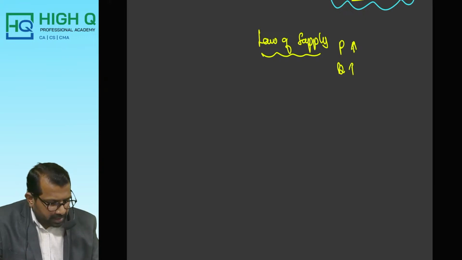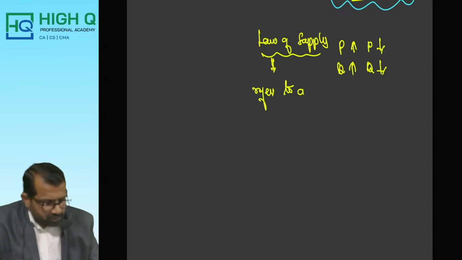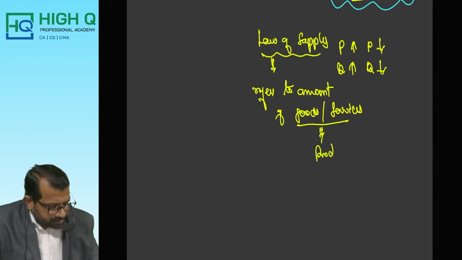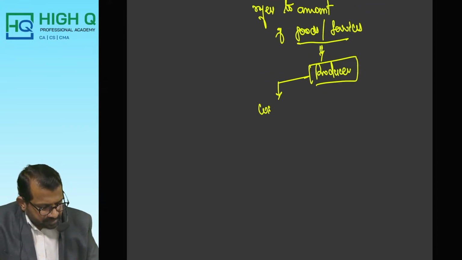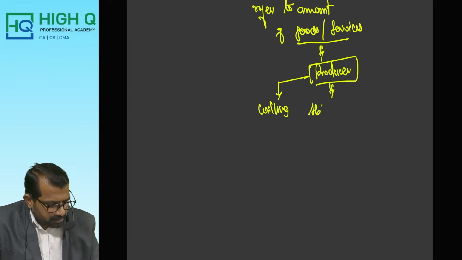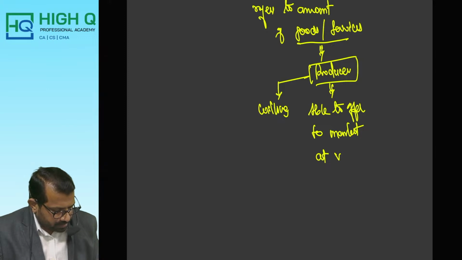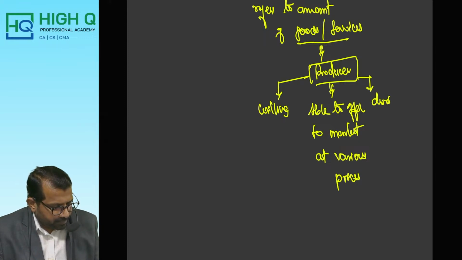When price decreases, quantity supplied will decrease. The law of supply refers to the amount of goods or services that producers are willing or able to offer to the market at various prices during a period of time.